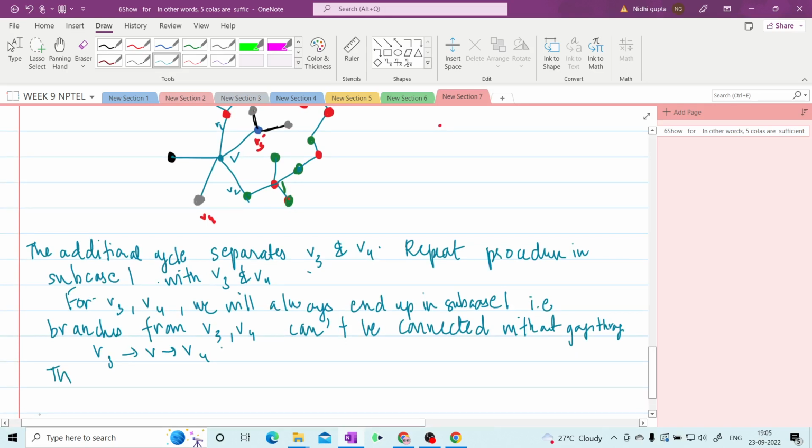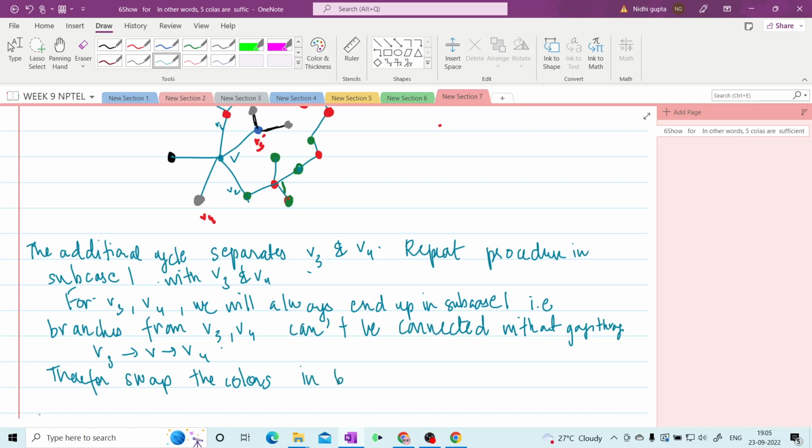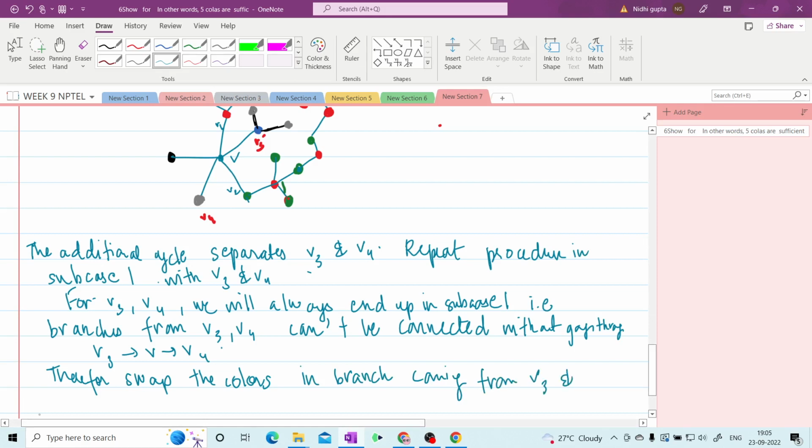Therefore, swap the colors in the branch coming from V3 and we'll be done.